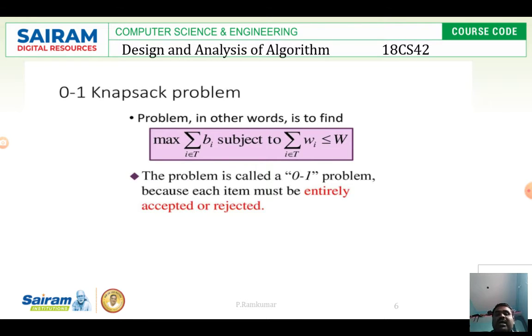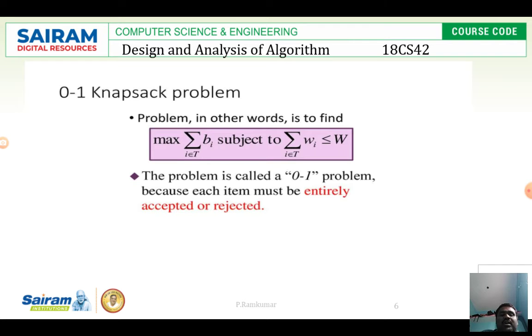Now to find the formula for this, I am going to choose the maximum value with the summation of the benefit of an object with the weight of an object. So both should be in summation. So that's the summation of i belongs to T of Bi, subject to the summation of i belongs to T of Wi.